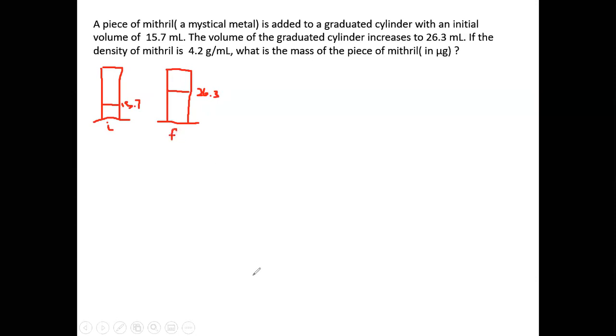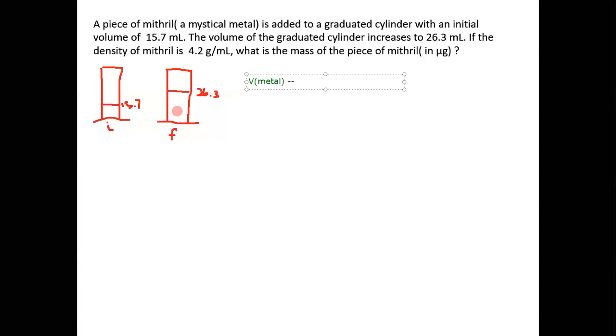So in this graduated cylinder, we have our mystical metal. And from this, we want to determine the mass of that piece of metal that was put in there in micrograms. Again, we're given the density. The density is the way that links us between mass and volume. So first we have to find the volume of the metal, and we're going to find it from the initial and final volume of the graduated cylinder.